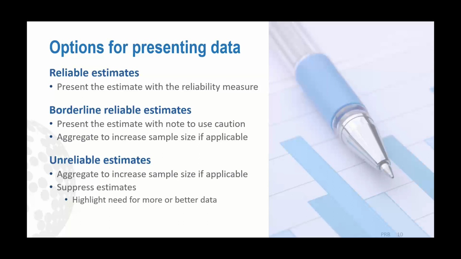The downside of aggregating your data is that you might not have the level of precision about your group of interest any longer, but that might be preferable to not having data. Sometimes suppressing your estimates because they're unreliable can be useful because it highlights a need for more or better data.